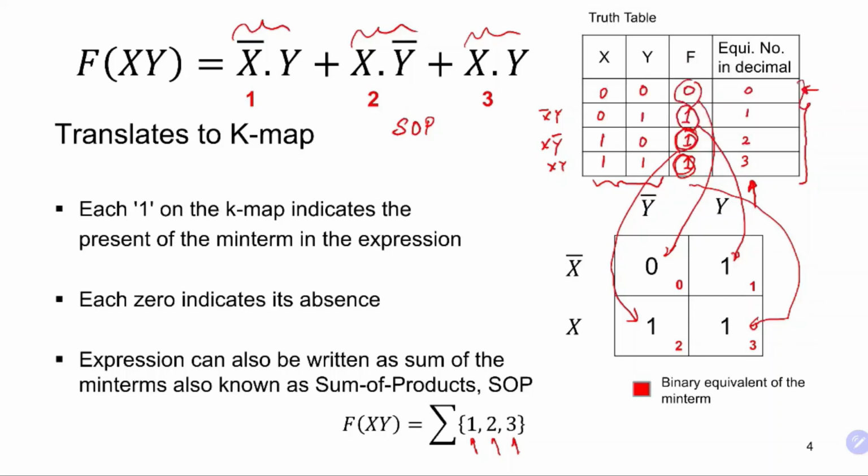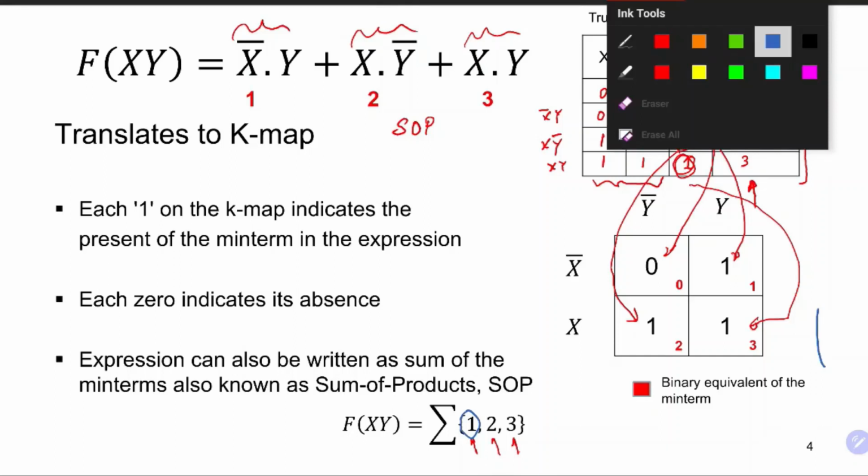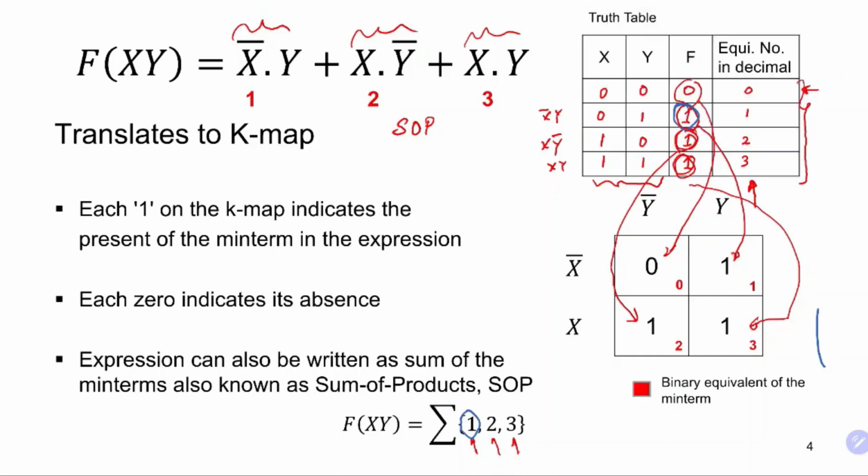This one here is this one, and this one here is this. And then my 2 is the other one, which is the red one. That is how you can write it.